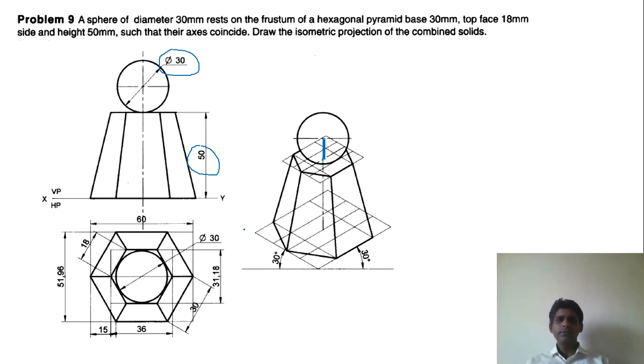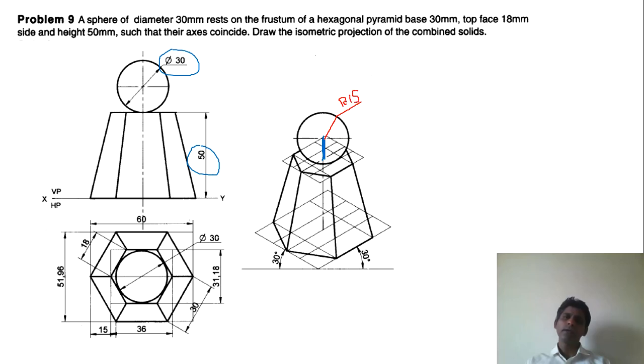This is what we are expected to do. Remember this has to be isometric, and then it has to be converted, and finally when you draw the sphere, it has to be actual, right? So this radius has to be actual radius 15.